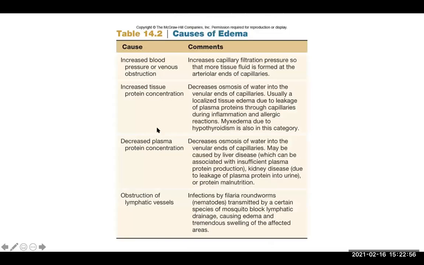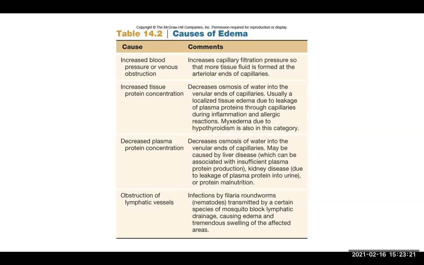Next cause could be an increase in the capillary hydrostatic pressure. That would cause an increase in the pressure in the capillaries. Venous obstruction or thrombus would occur that leads to an increase in pressure. That would increase your arterial blood pressure, which causes increased filtration.